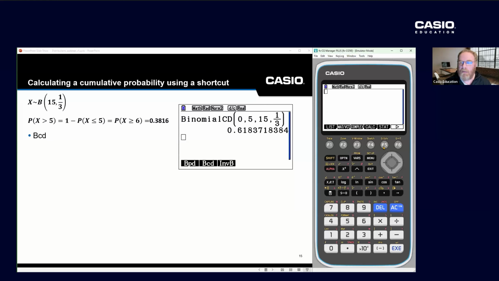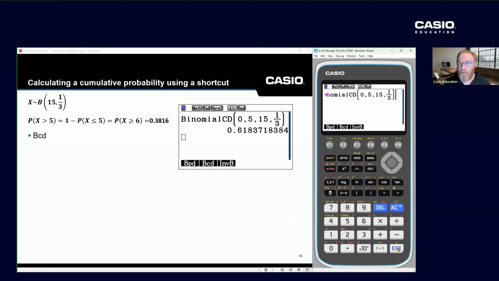Let's just get rid of all those. So now I can do a BCD binomial. Okay. I can do a left hand. I don't have to include the 0 because that's a lower bound. If it is 0, I could just enter 5 as my upper bound, but let's demonstrate that I'm doing it between bounds. My n is 15 and my probability of success is a third.